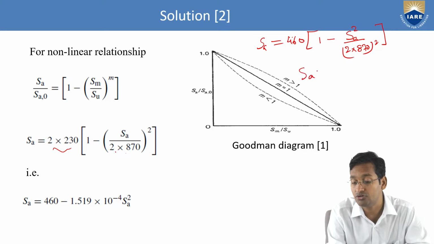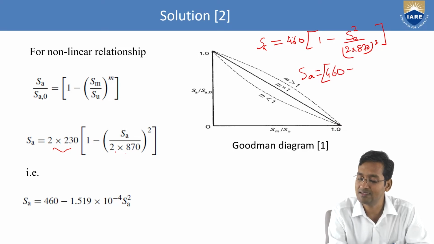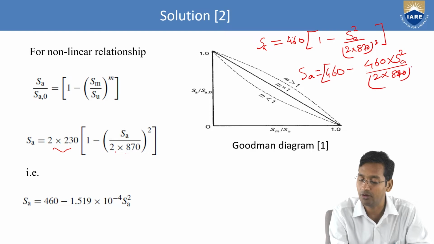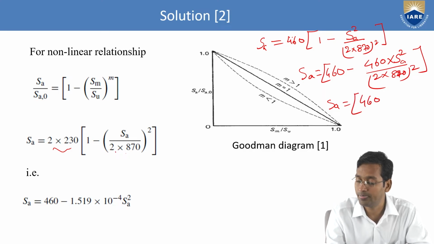SA equals 460 minus 460 into SA square by 2 into 870 square this time, right? So now from here SA will be equal to 460, right?